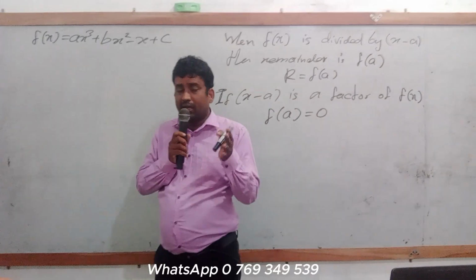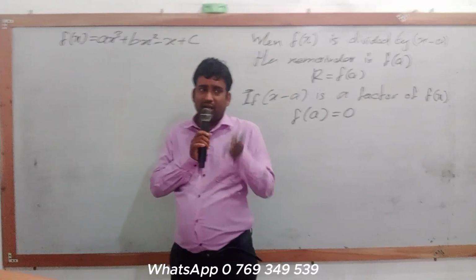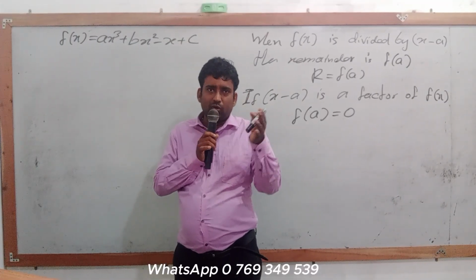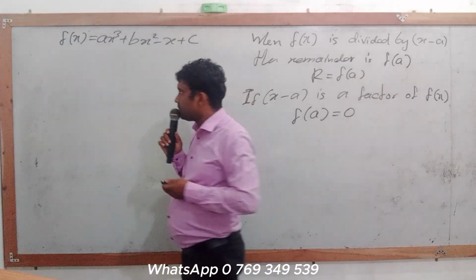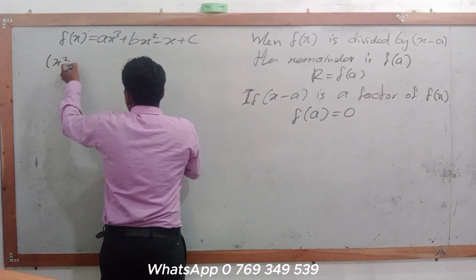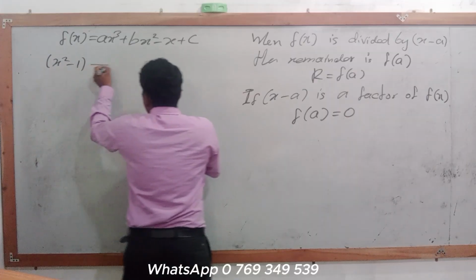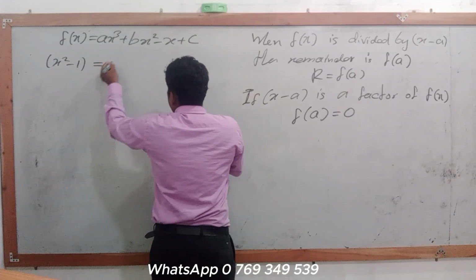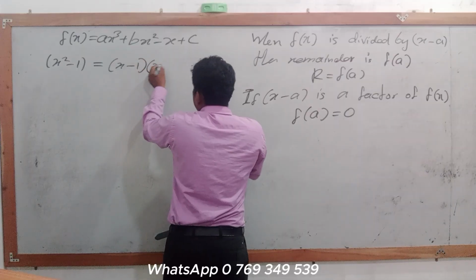But here it is given that x square minus 1 is a factor, so we can separate two factors: x square minus 1 equals x minus 1 times x plus 1.